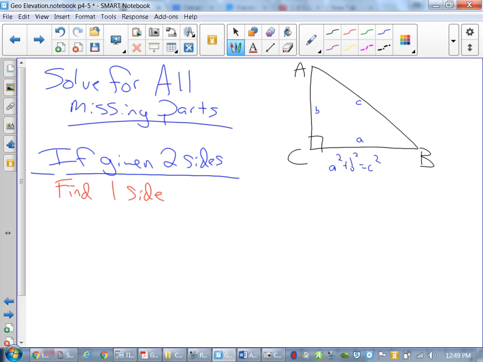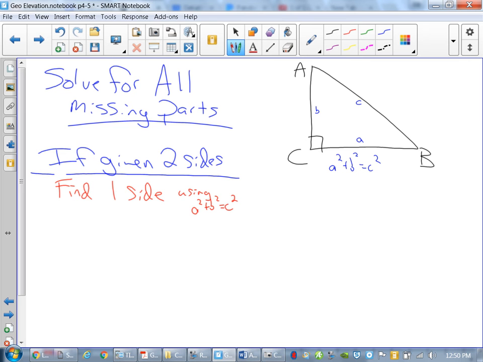If you have 2 sides of a right triangle, what's the easiest way to find the 3rd side? Using what? Yeah, using the Pythagorean theorem. A squared plus b squared is c squared. Does that mean you're always going to find the hypotenuse? Nope. You can find a hypotenuse or one of the legs. It doesn't matter. It just depends upon the problem. But what I'm getting at is, one of the cases could be you're given 2 sides.